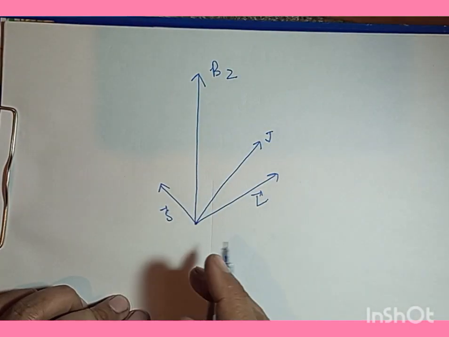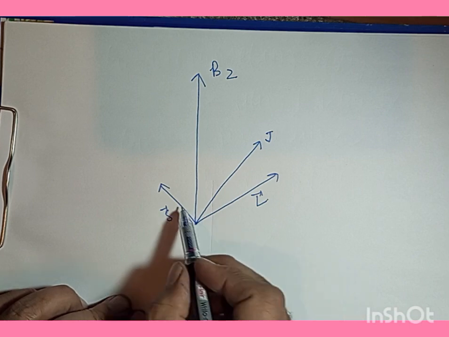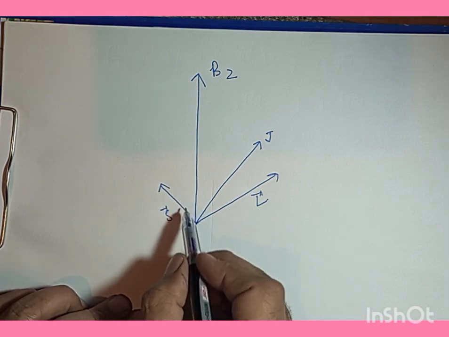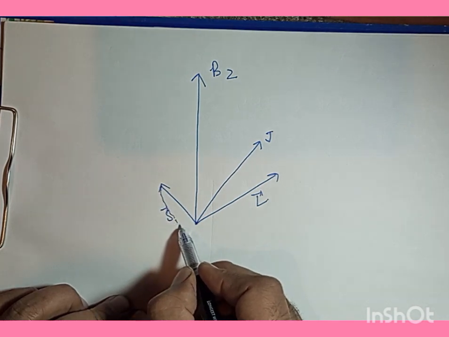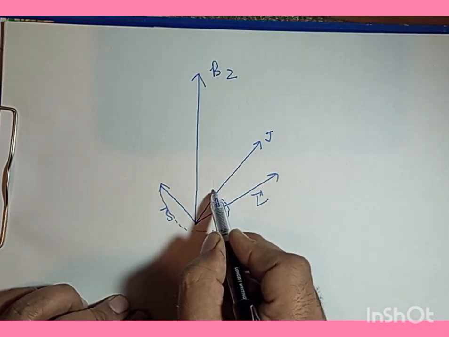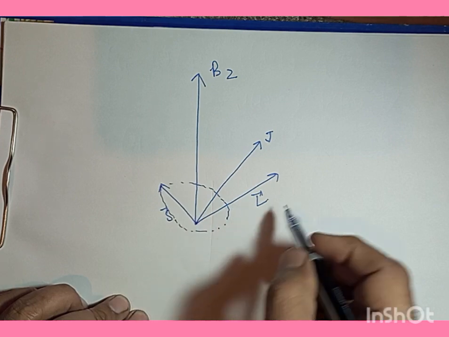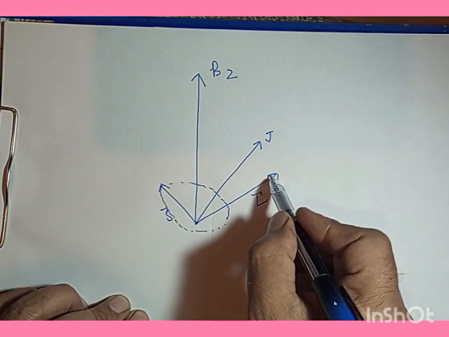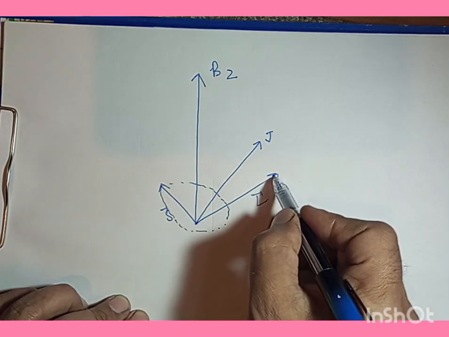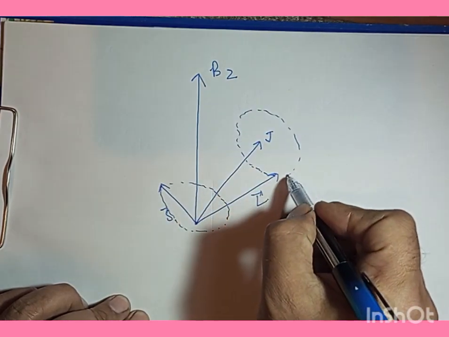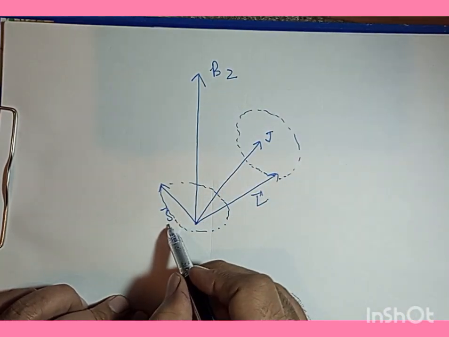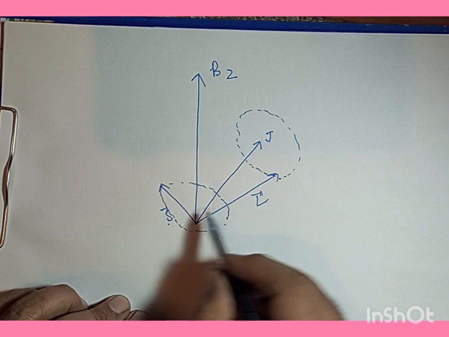In this case, we have the precession of spin angular momentum and orbital angular momentum.